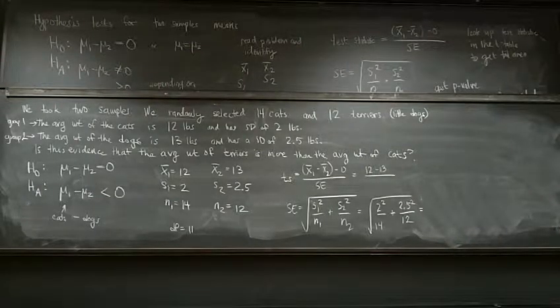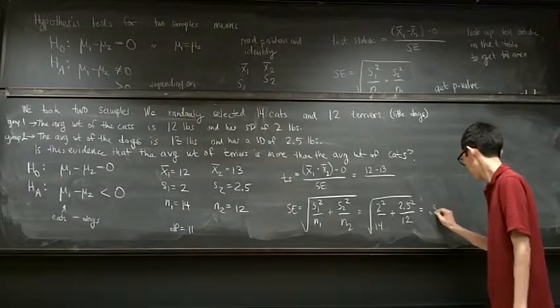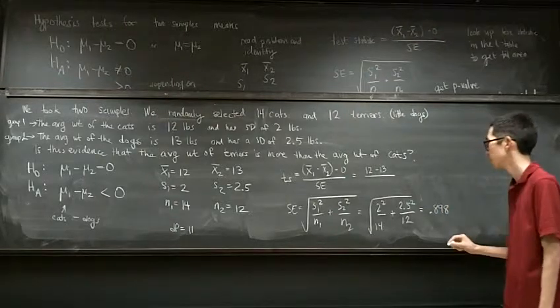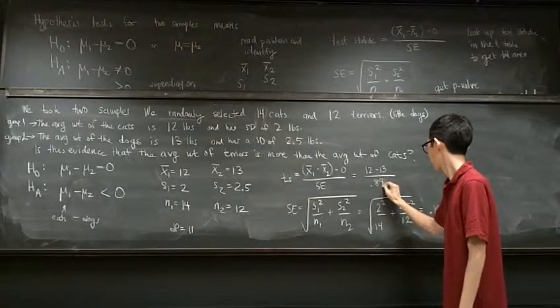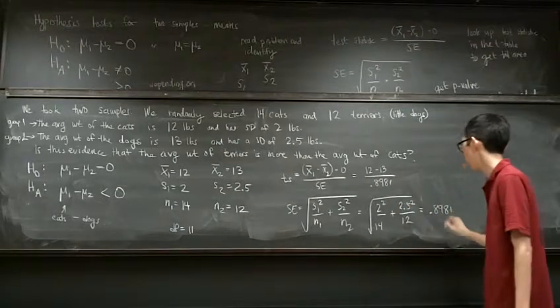The square root of 0.8065 turns out to be 0.898, or 0.8981 if you want to keep it to four decimals.